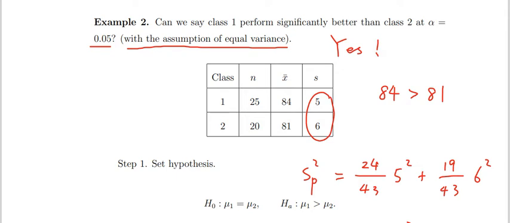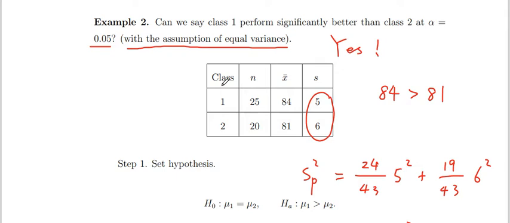Quite the same problem, but if we use a different assumption, then we can get a different conclusion. Here, if we assume the variances are the same or equal, then we can have a more precise distribution for this test statistic.